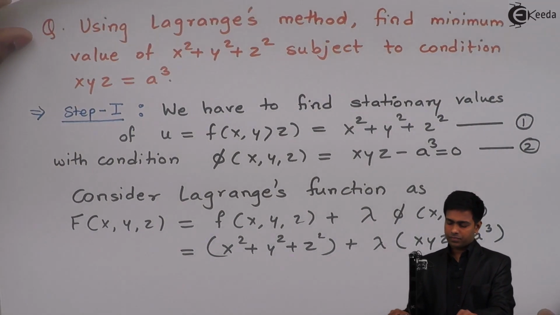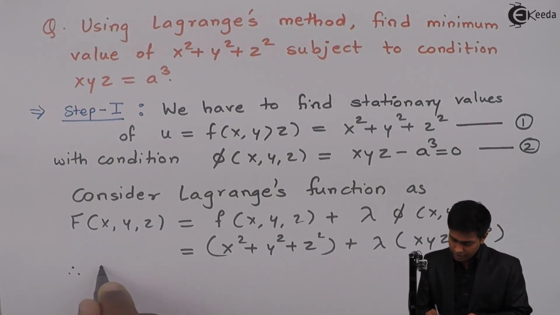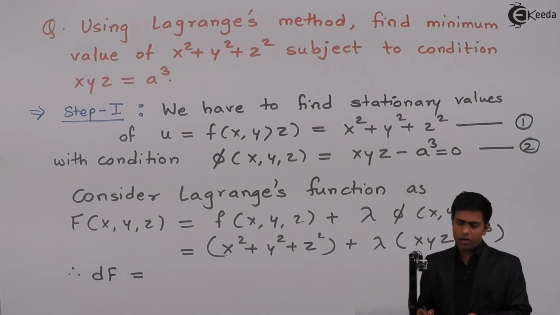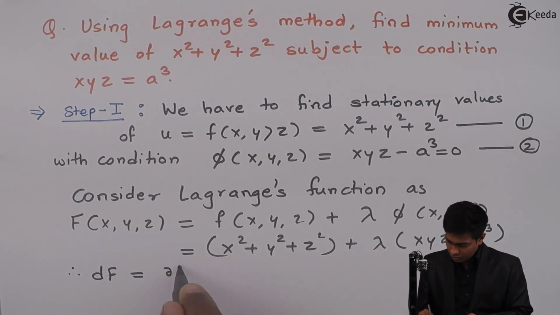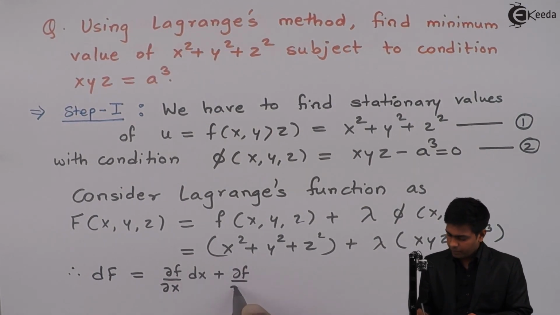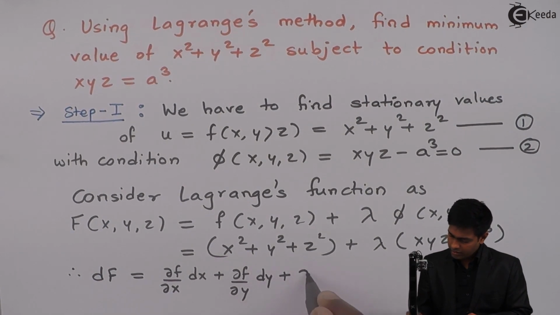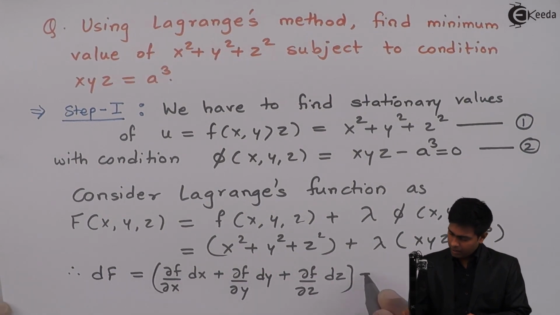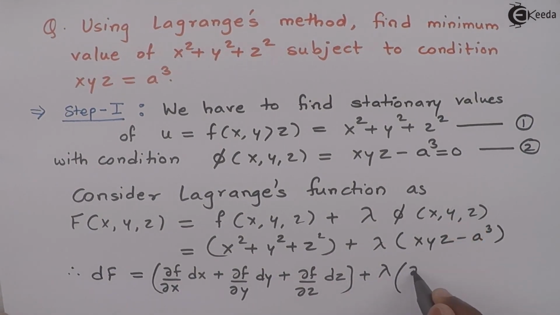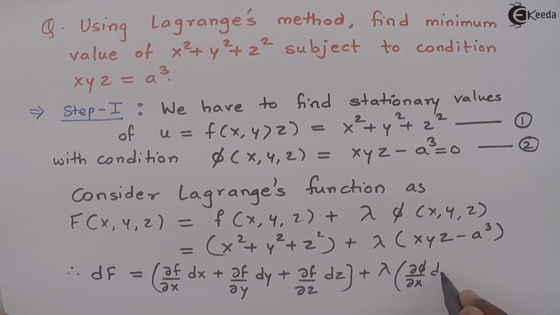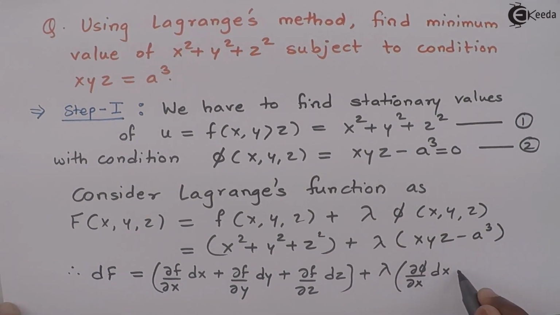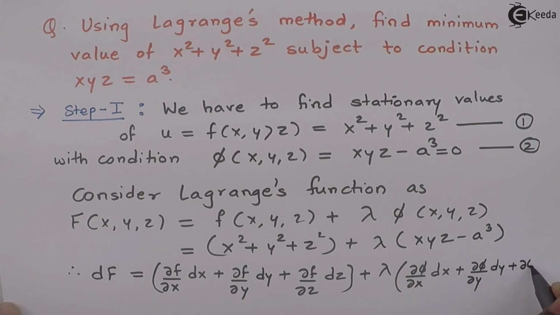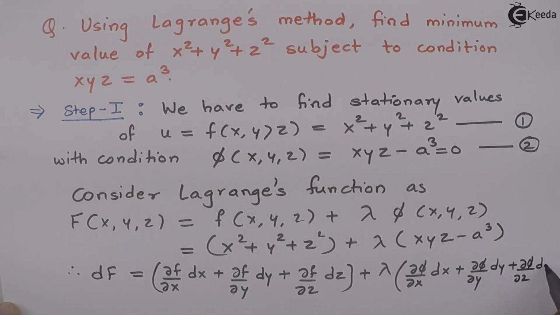So here I'll say therefore dF equals, so the formula for dF is dou f by dou x into dx plus dou f by dou y into dy plus dou f by dou z into dz plus lambda into dou phi by dou x into dx plus dou phi by dou y into dy plus dou phi by dou z into dz.